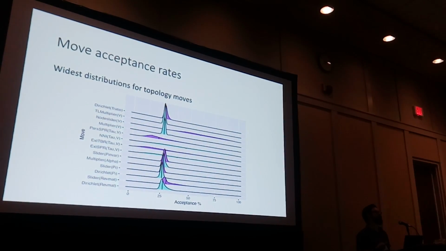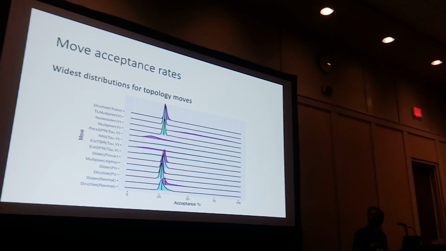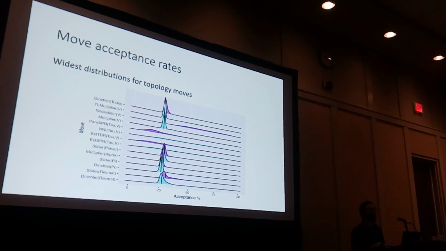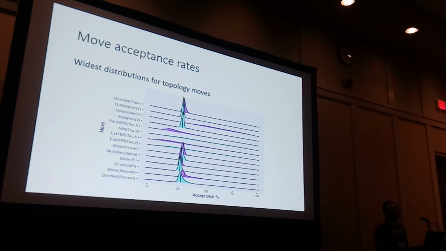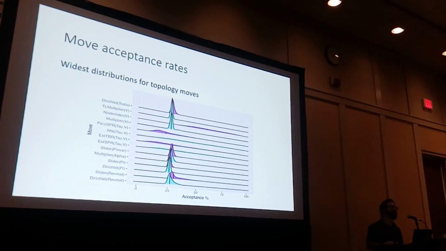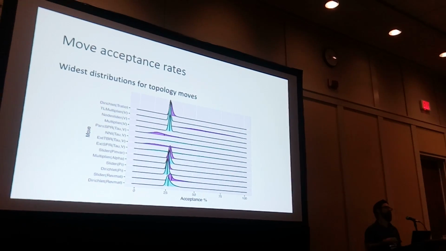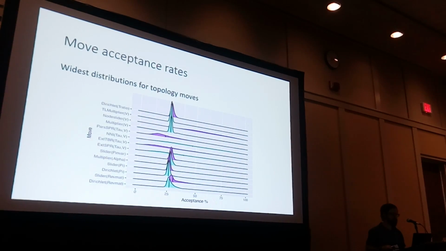And it might just reflect the nature of the tree space, where some particularly low acceptance rates might be encountered even with really good proposals. When you have a really peaked tree space, where you have one tree that has all your probability, you're going to be rejecting lots and lots of moves. Similarly, if you have a really diffuse tree space, you might be accepting lots of moves, just because of the nature of the tree space.